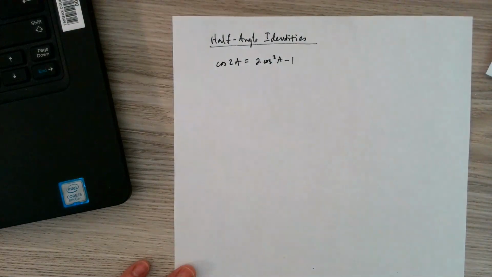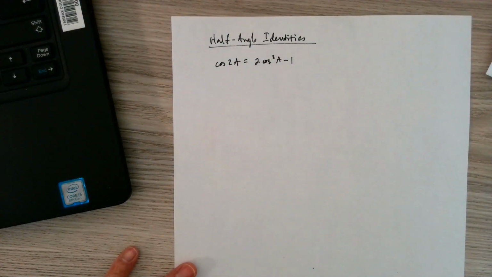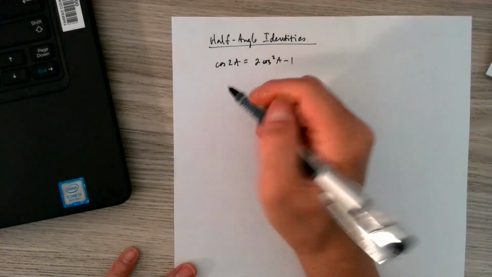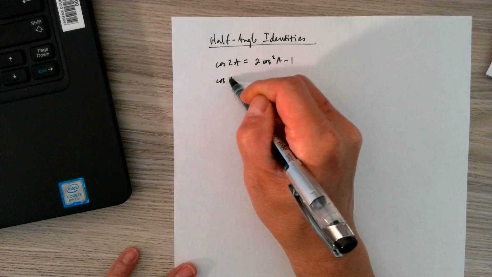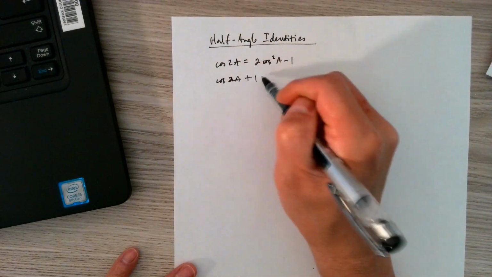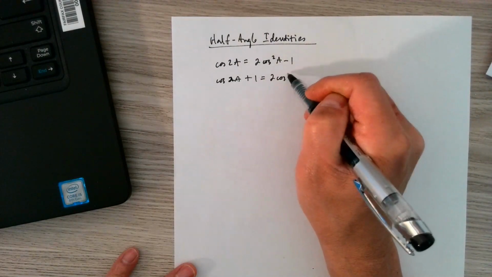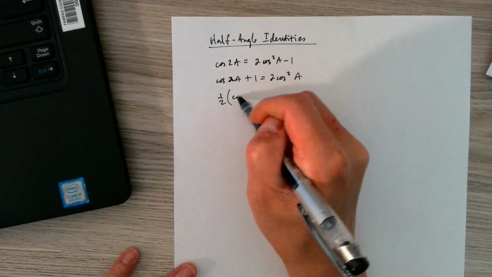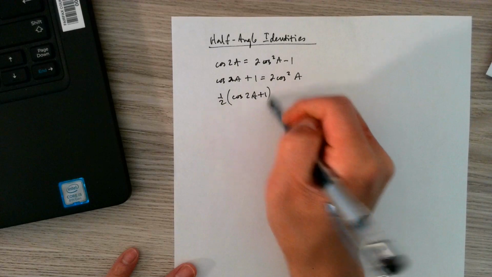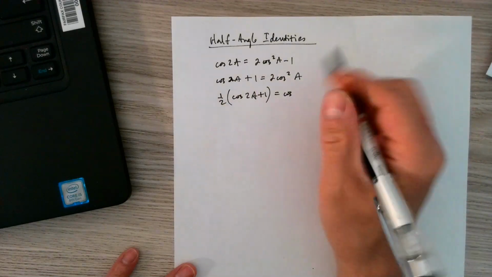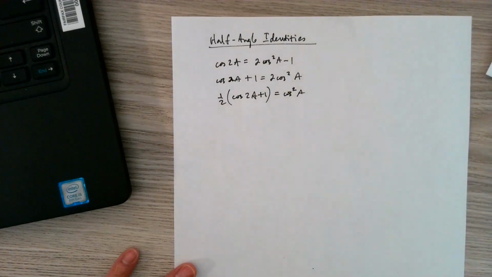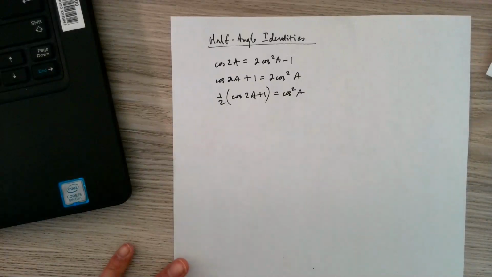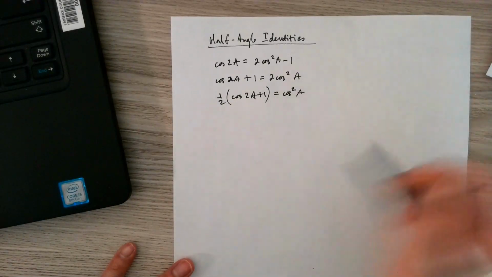So this is the one version of cosine 2a. If I now solve for cosine of a, I get this, and then I take the square root of both sides, and I'm going to switch sides now.